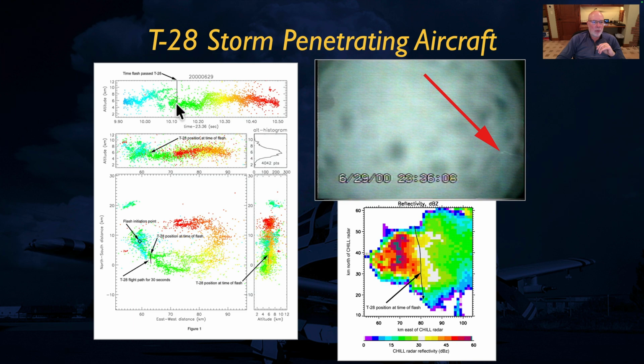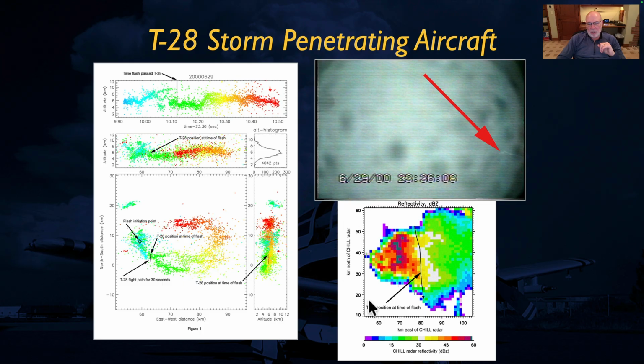This is where the aircraft was relative to that, and it passes by the aircraft at 5 kilometers. Looking down upon it, here's the aircraft over a 30-second span, and this flash passed right by the aircraft and continued. This is a scale of kilometers, so well over 30 kilometers, closer to 40 kilometers in the east-west direction.